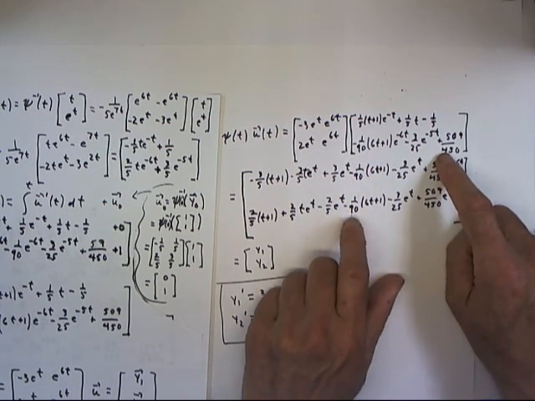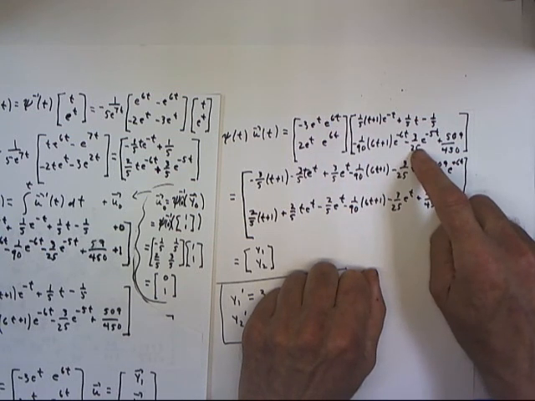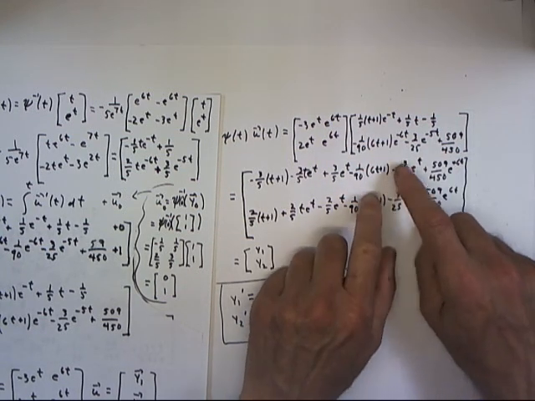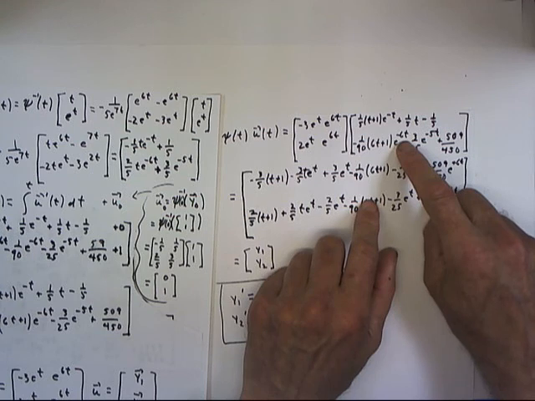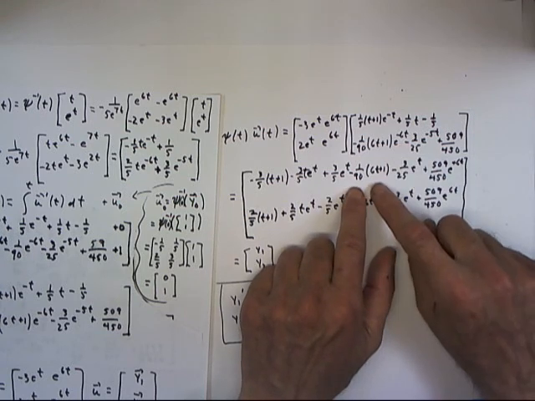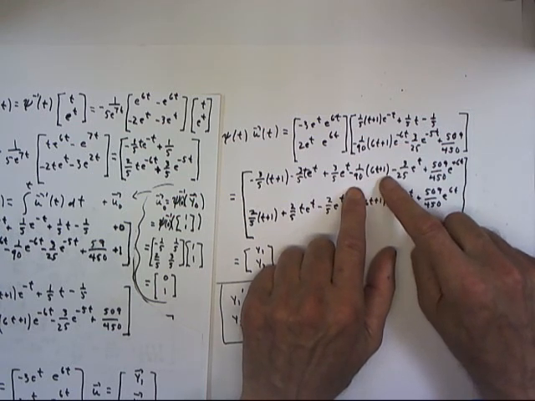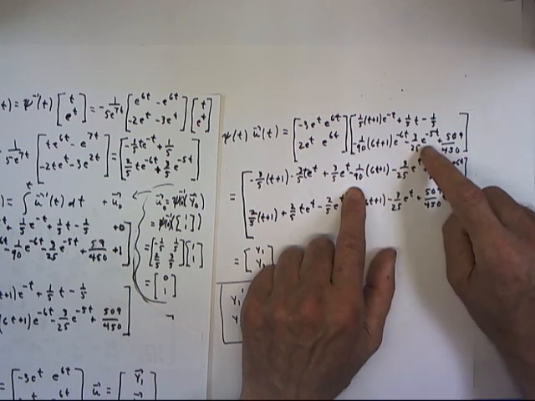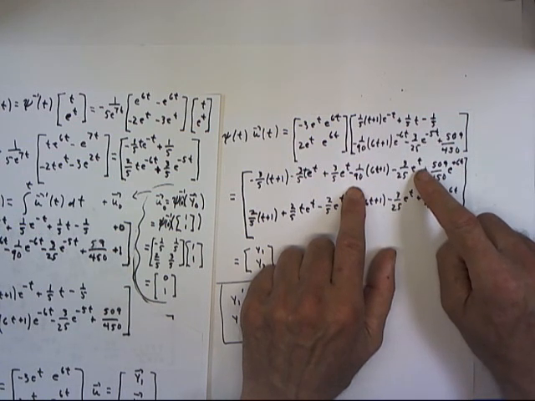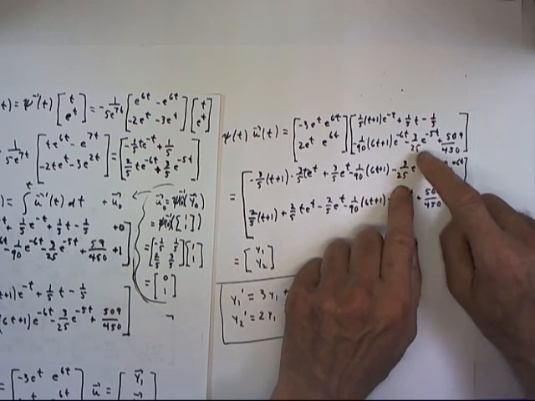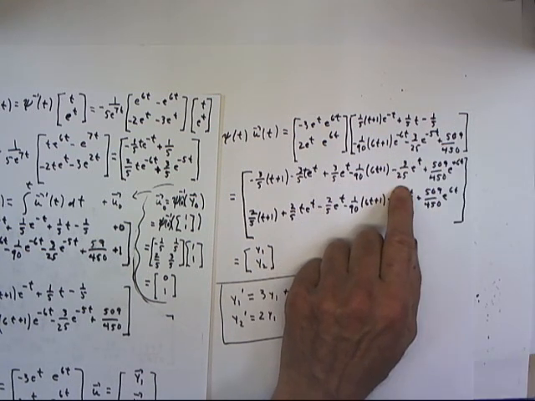second component of our u vector by the e to the negative 6t, by e to the 6t, we see that we get rid of the e to the negative 6t here, leaving us the negative 1/90th times 6t plus 1. The e to the negative 5t times e to the 6t is going to be e to the t, and we're still going to have the coefficient negative 3 over 25.